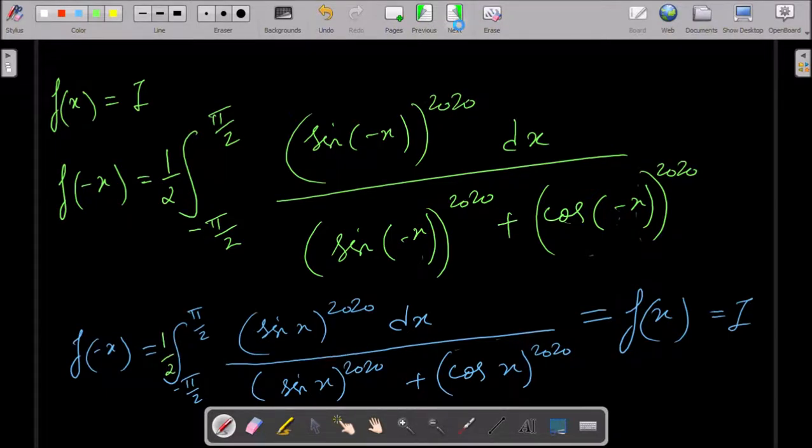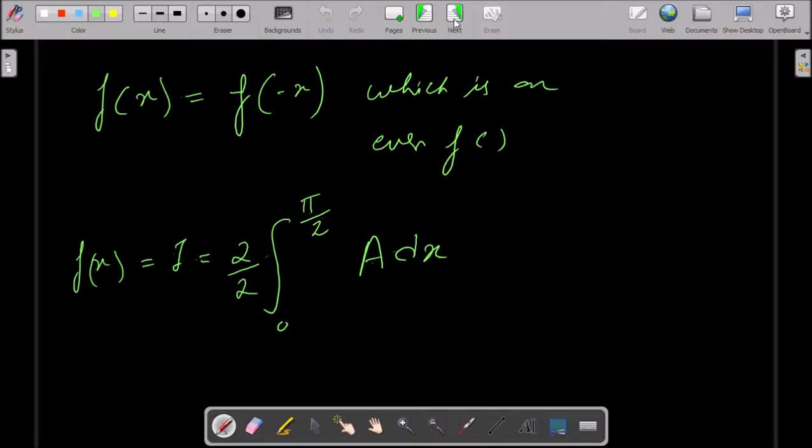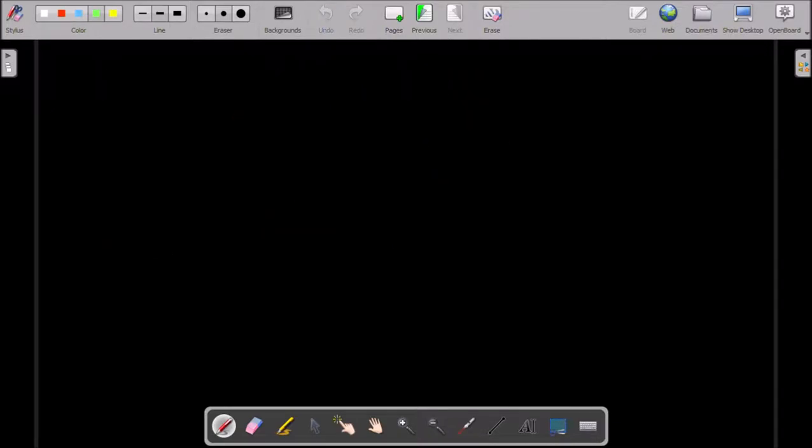Okay, so like this, by 2 will be cancelled, then I will come as the integration from 0 to pi by 2 of a dx. So now I equals the integral from 0 to pi by 2, and I am writing the value of a again.